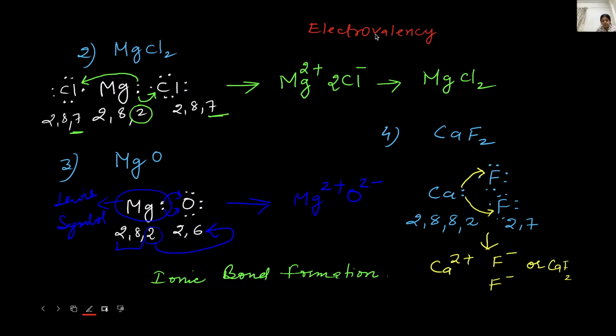Electrovalency is the number of electrons lost or the number of electrons gained by the atom in order to complete the octet. So, what do you mean by electrovalency? It is the electrons lost or gained during ionic bond formation, isn't it?